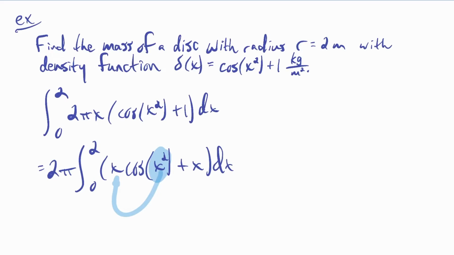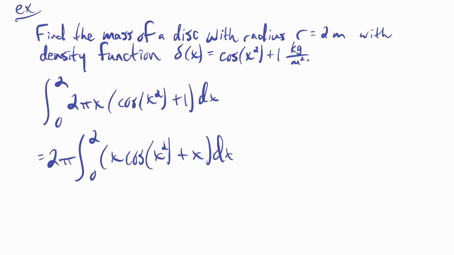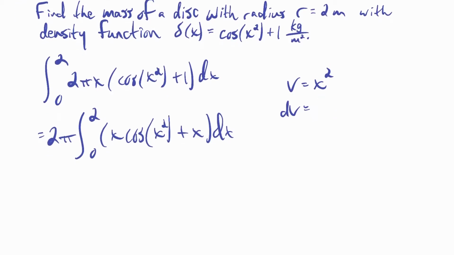And you probably could get away with not writing out the substitution. I'm going to go ahead and write it out to make sure this is as clear as possible. So I'm going to say that v equals x squared, so dv equals 2x dx.